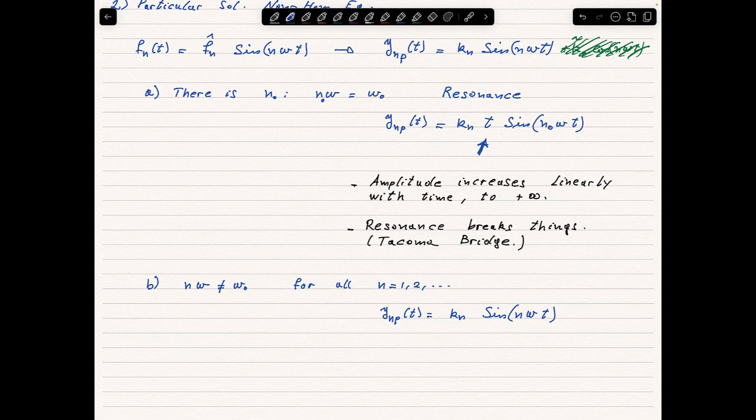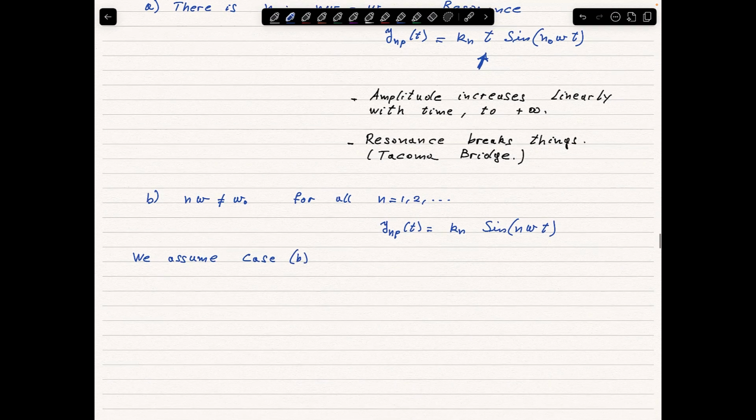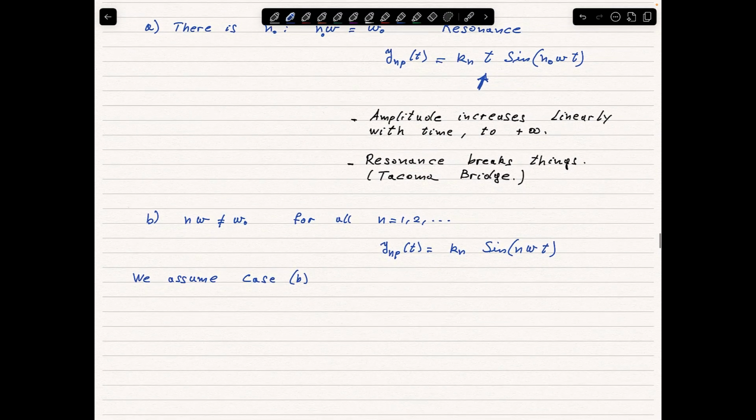So we assume that we are in case B, and we continue happily our calculation.